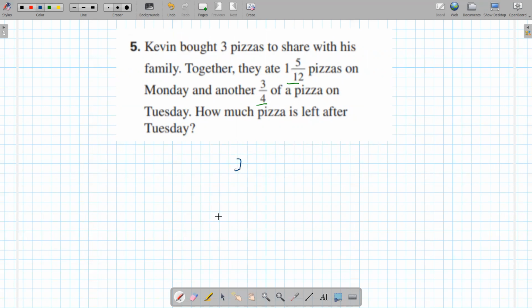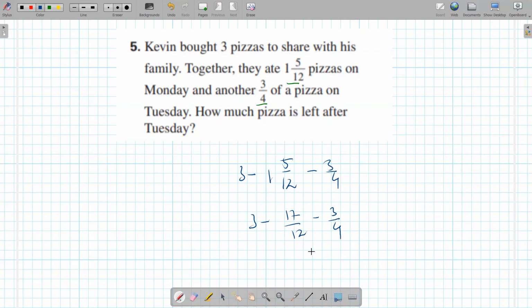Yes. So 3 minus 1 5/12. And then do we also subtract 3/4, or do we add it? Yeah, we subtract 3/4. So 3 minus 1 5/12 minus 3/4, right?